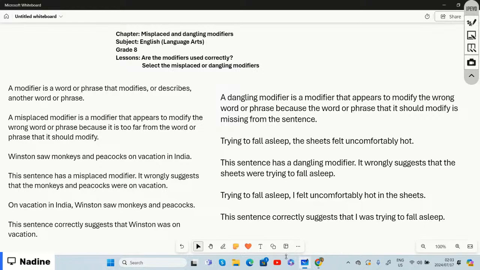And the lessons that we are going to be focusing on under this chapter are: are the modifiers used correctly, and select the misplaced or dangling modifiers.